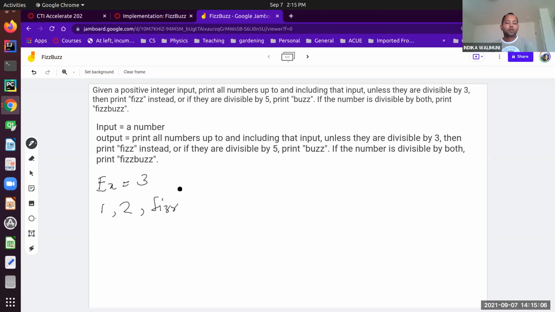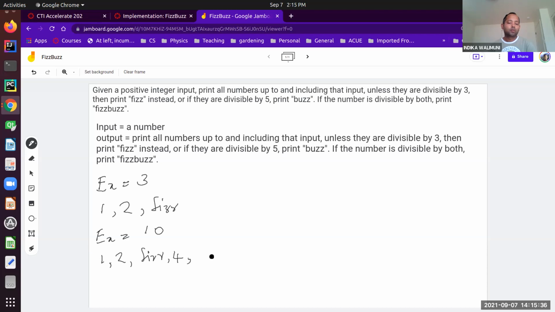So if we take the example, let's say for 10, number equals 10. It's going to be 1, 2, and then we have fizz, and then 4, and then 5. So 5, is that divisible by 5?